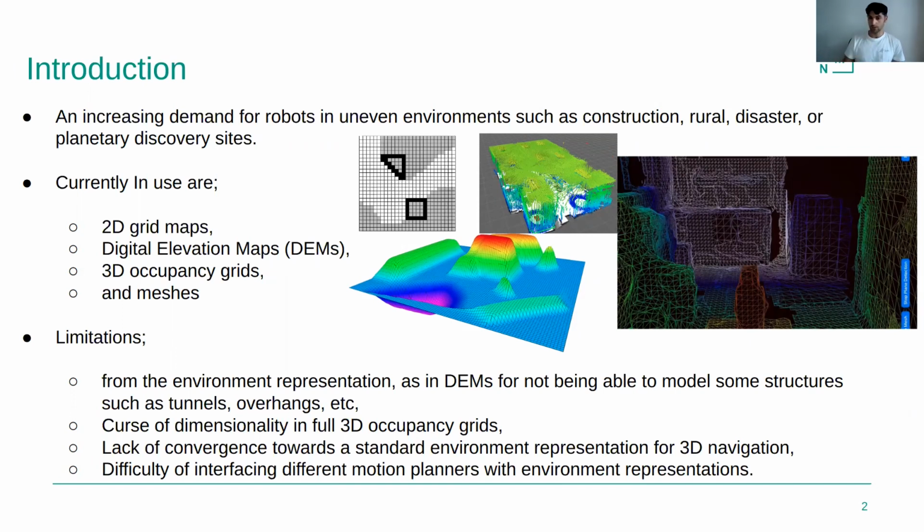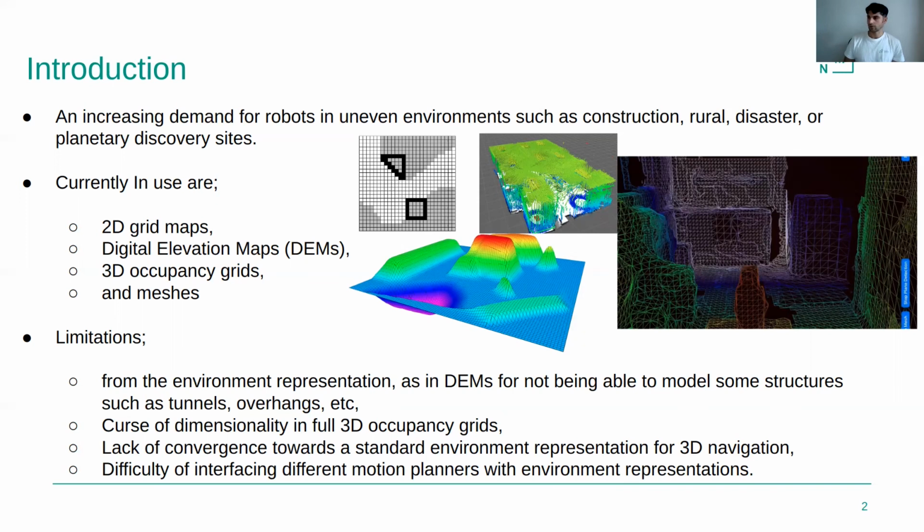So we propose another alternative to all of these methods, and the reason for this is that we have some limitations for each of these representations. For example, in digital elevation maps, we're not able to model some structures that overlap.